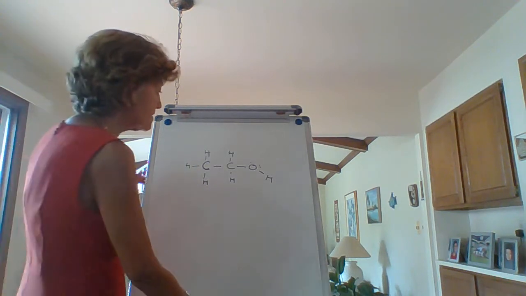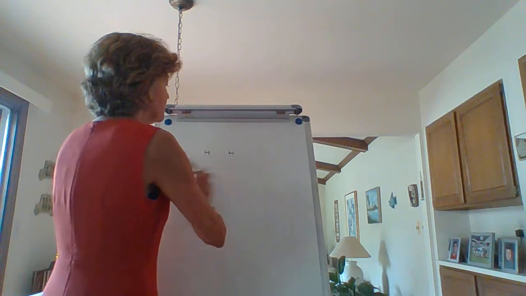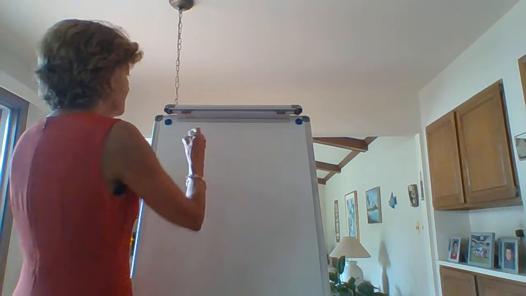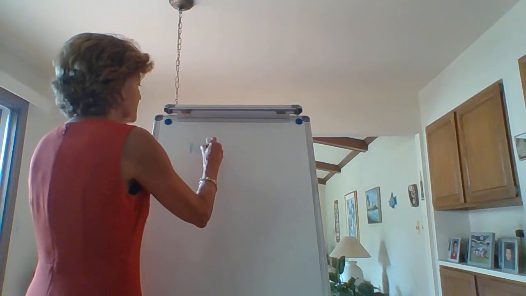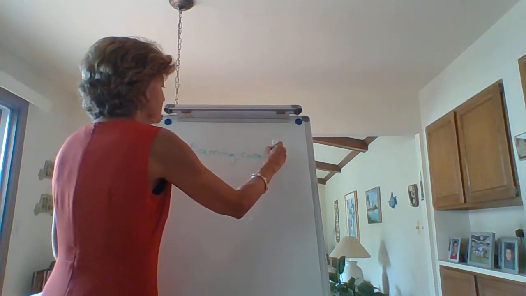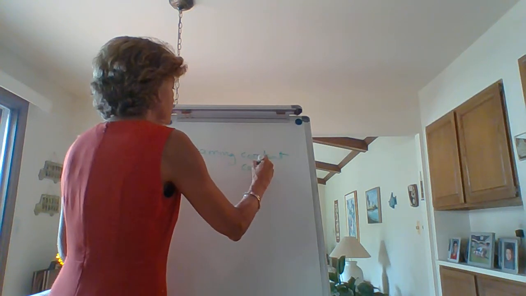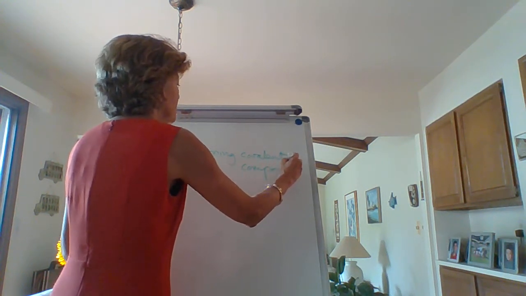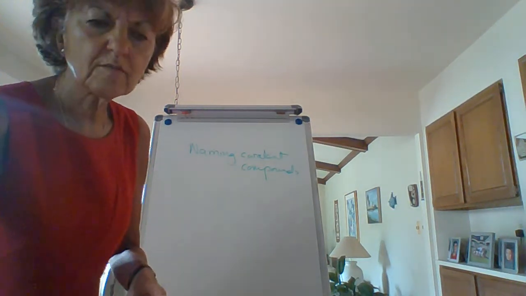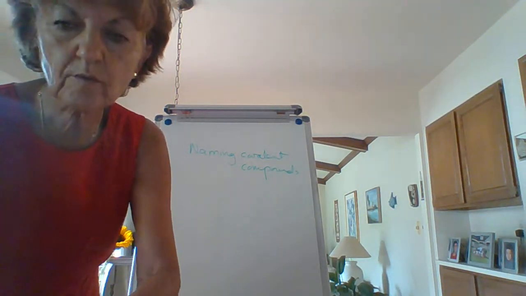Okay, the last thing in this chapter, this covalent bond model, deals with naming covalent compounds. Let me stick to the black or the blue.